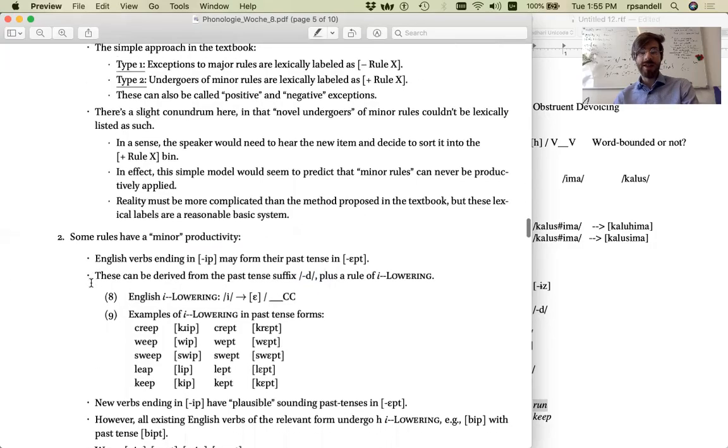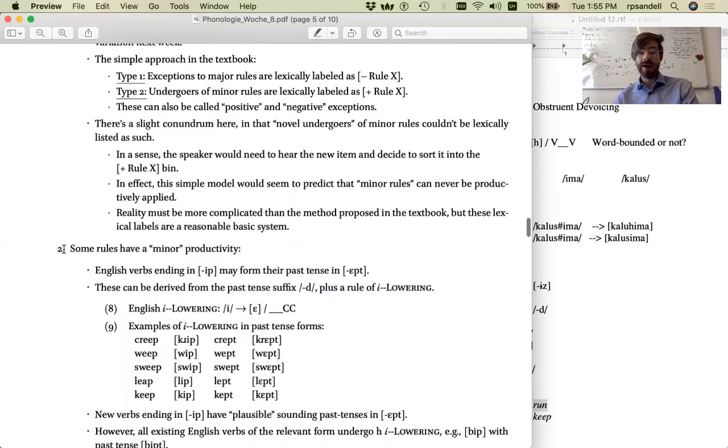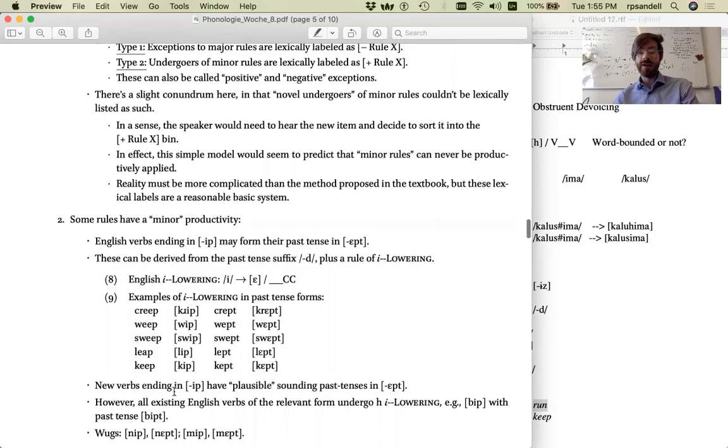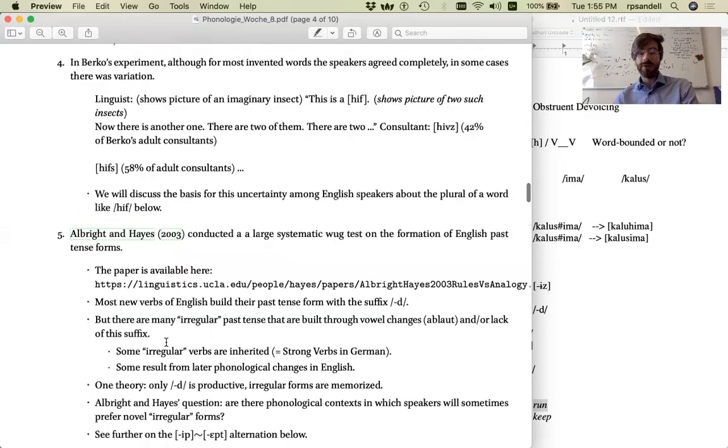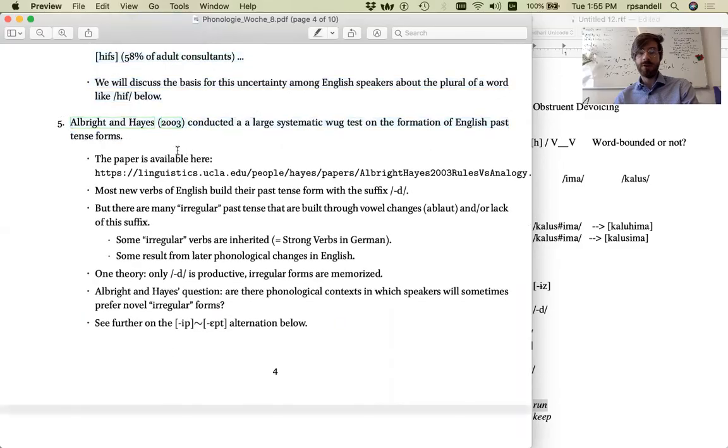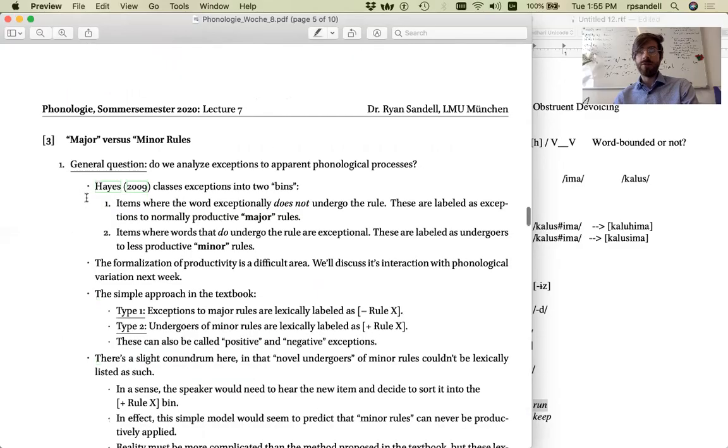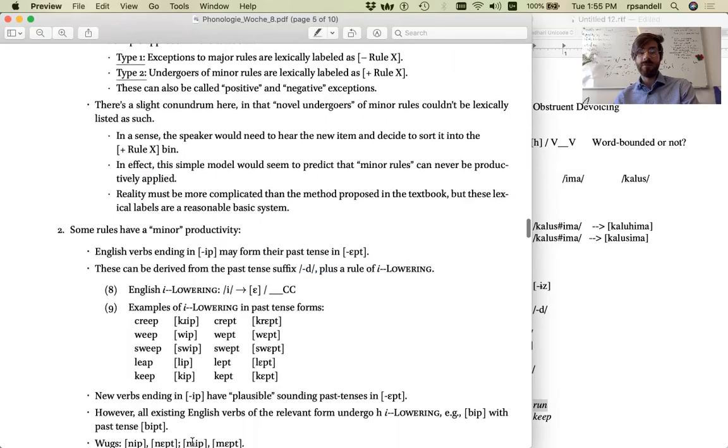Now, the interesting point is that, as Albright and Hayes' 2003 experiment showed, sometimes new stems seem to sound good with a past tense form in ept.